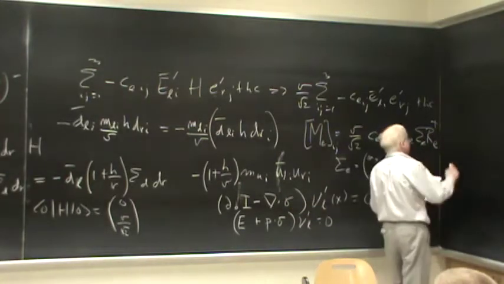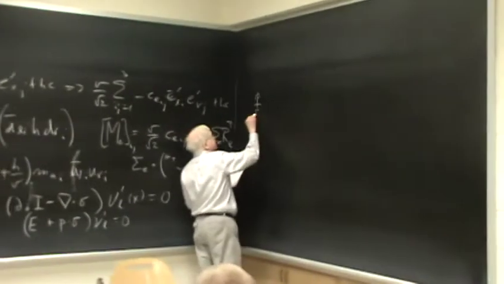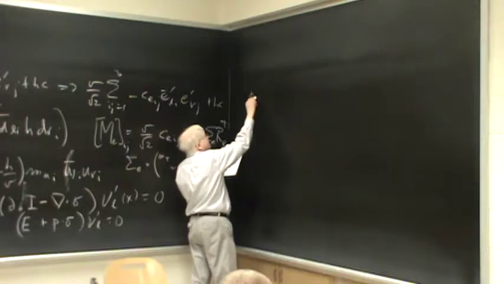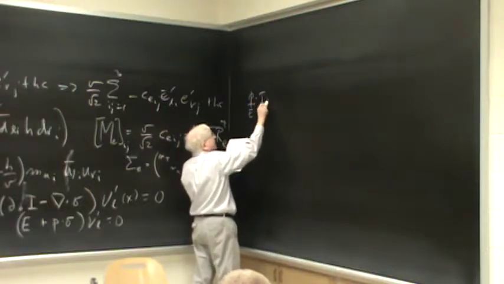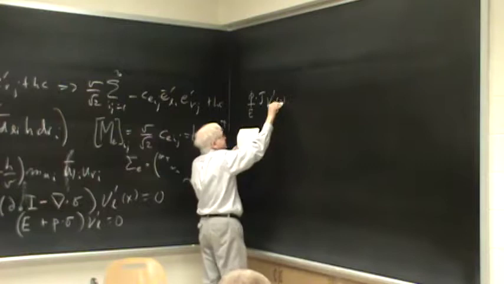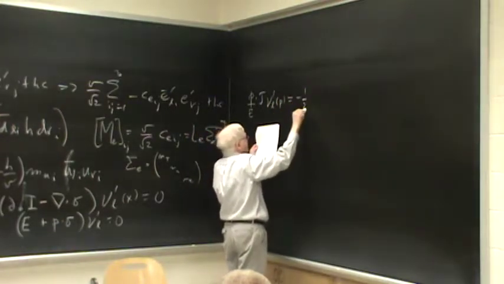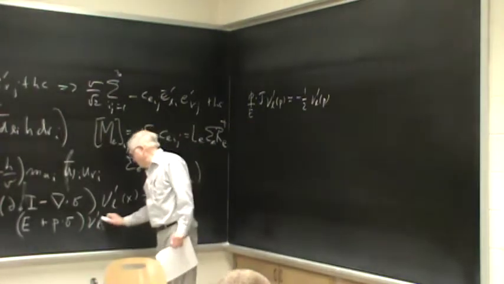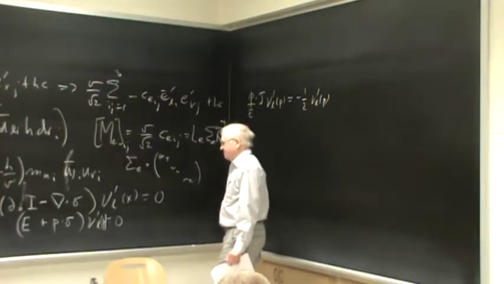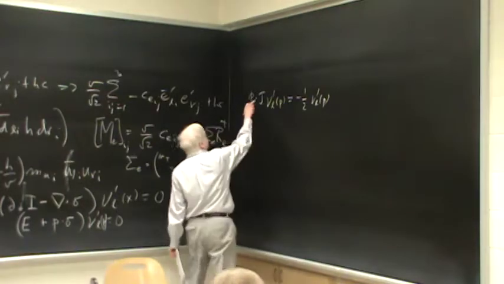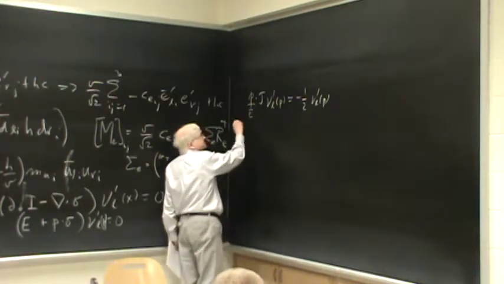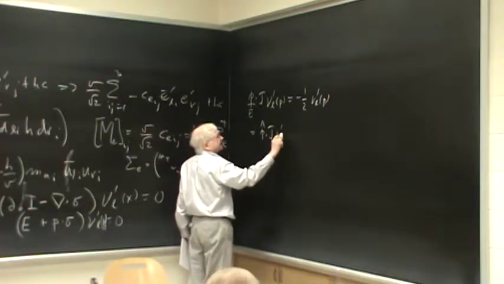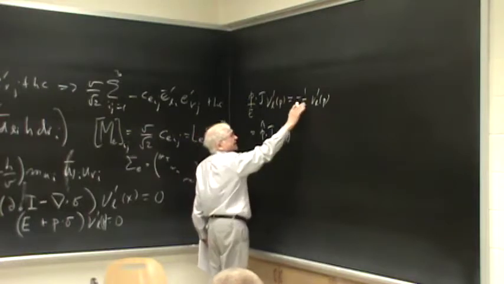And so what we say is that p over E dot J on u prime left of p is equal to minus a half u prime left of p. And p over E, since it's massless, is just p hat. So p hat dot J u prime L of p is minus a half.